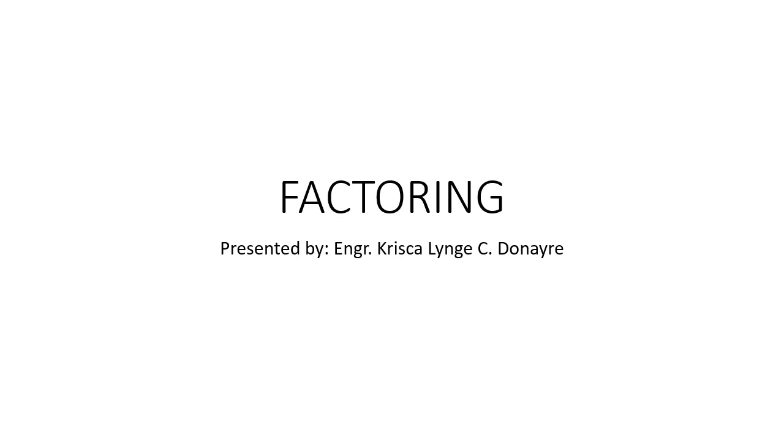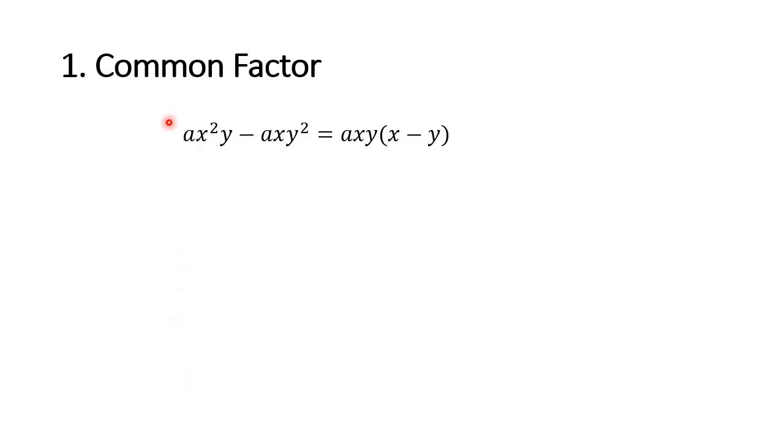So let's start with common factors. So we have ax squared y minus axy squared is equal to axy quantity x minus y. How does this happen? Basically, when you say common factor, you need to get the common variable, common constant to each term.